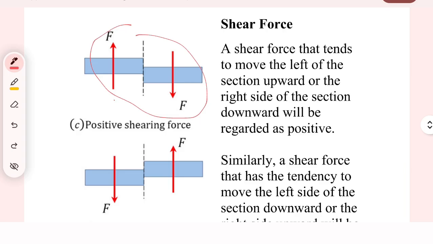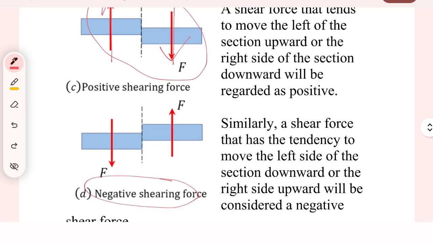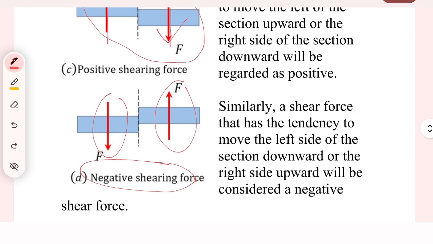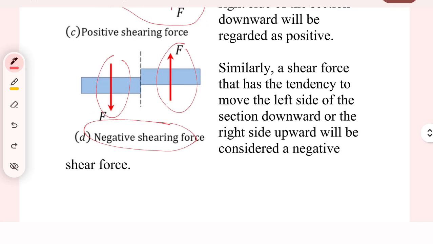Because the left side tends to move the object upward, and the right side tends to move the object downward. And it is opposite, of course, if you have a negative shear force. Here on the left, it moves down, and on the right, it moves up. So that's the positive shearing force and the negative shearing force.